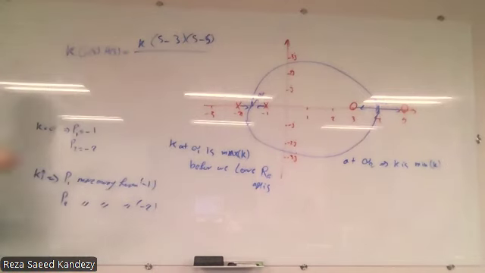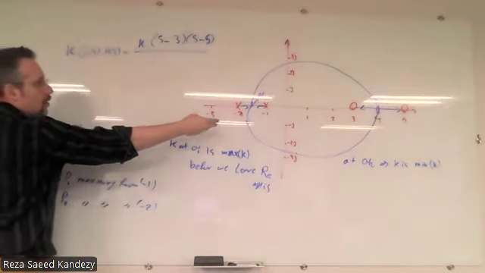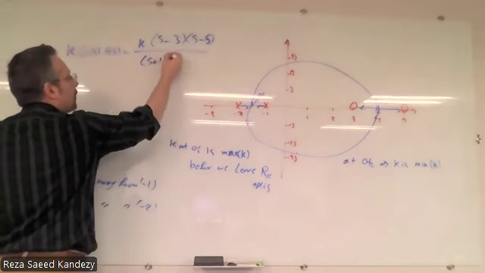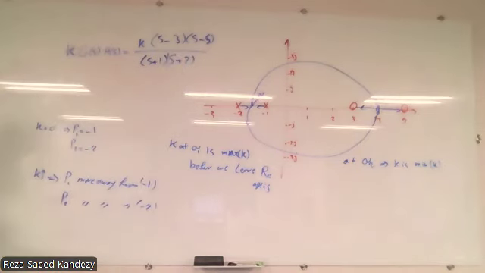I'm using this example because the general formula is too complicated for explaining. And the poles are -1 and -2, so we have (S plus 1)(S plus 2) as the poles. Are we good?